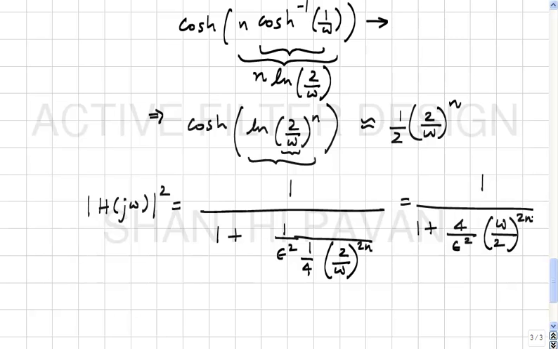Can you comment on the transition band in the inverse Chebyshev? Do you think it's going to be better or worse than a Butterworth? It's better because you have zeros.